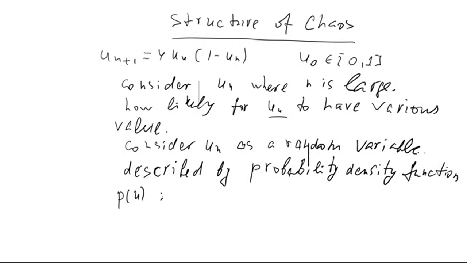You all had it. The probability that Un is between the value U and U plus du is equal to the probability density function at U times du. So this is the definition of the probability density function.